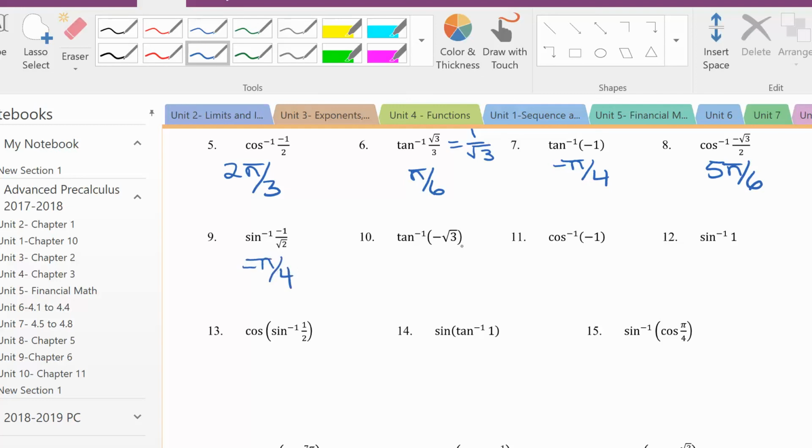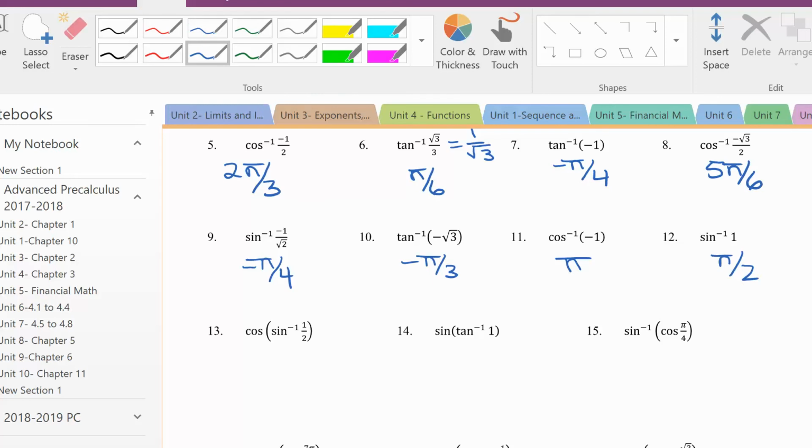Tangent inverse of negative rad 3, that means it's a pi over 3 angle, but it's in the fourth quadrant because it's tangent inverse, so it's negative pi over 3. Cosine inverse negative 1, the cosine is negative 1 at pi. Sine inverse of 1, the sine is 1 at pi over 2.